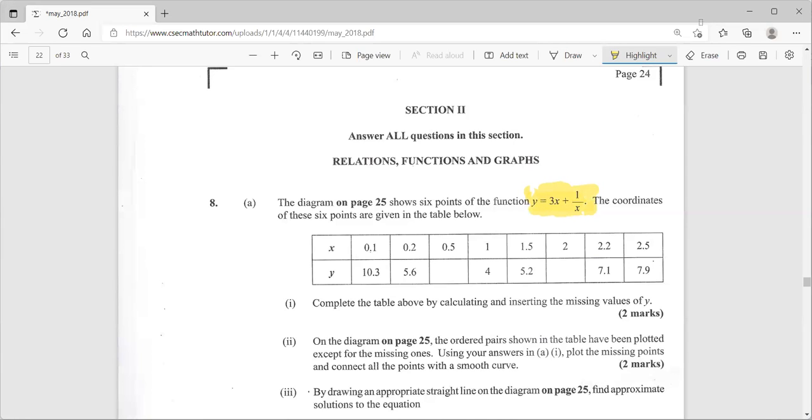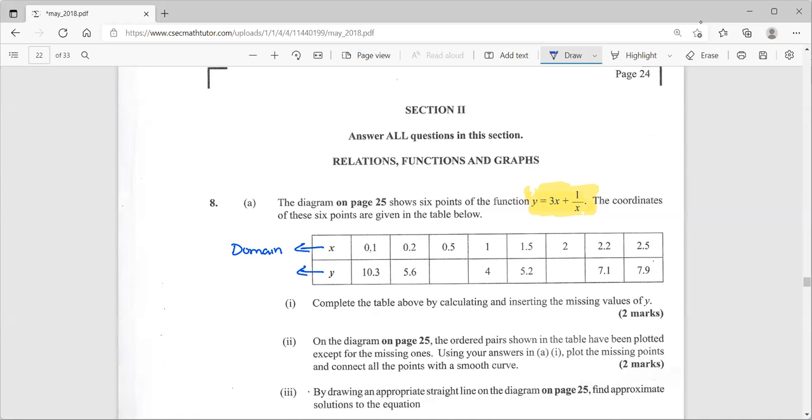And they gave us x values and y values. What is the name for our x values? What can we call it? Domain or input. Correct. Our domain. Our x values are our domain because we take these x values, and how do we get these y values?